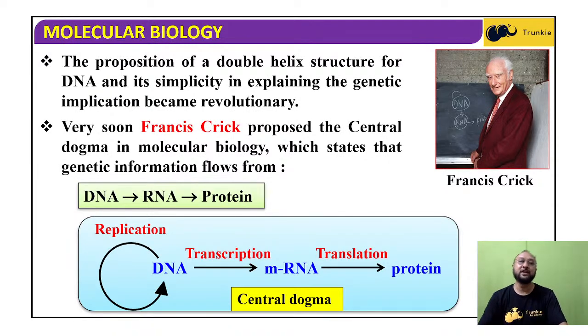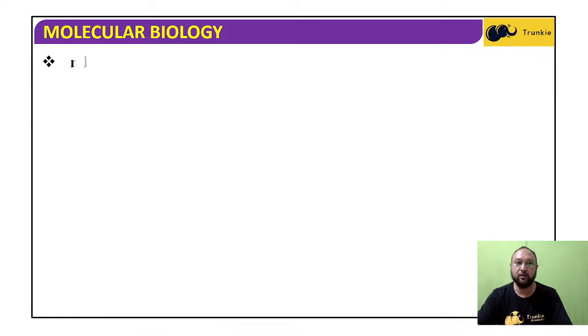So DNA gives rise to mRNA by transcription, and then this mRNA undergoes translation to form protein. This is called the central dogma of molecular biology.